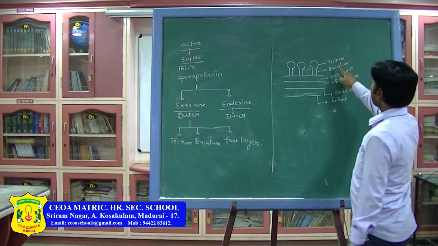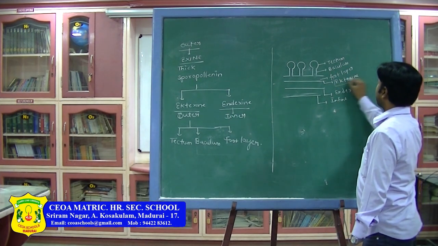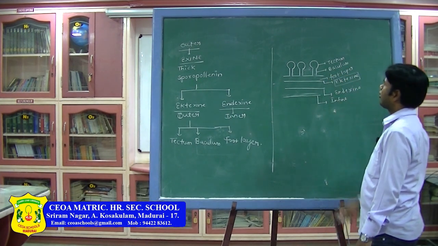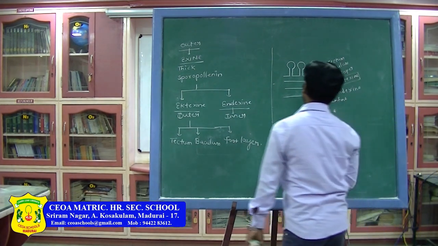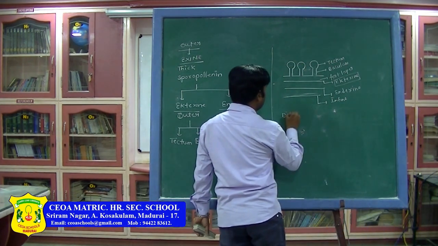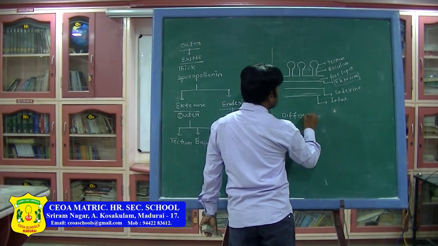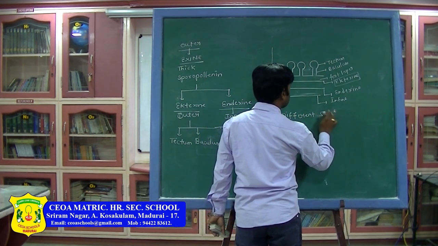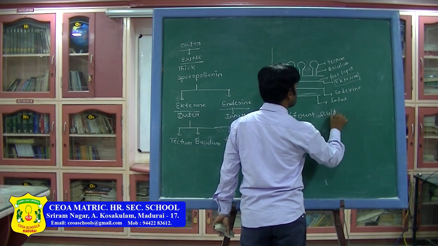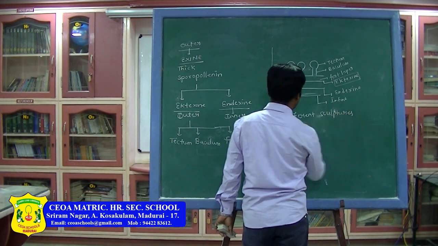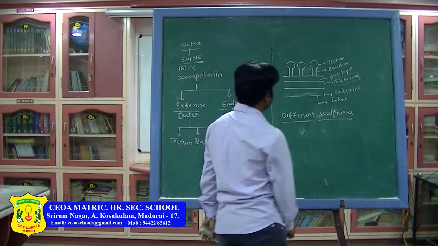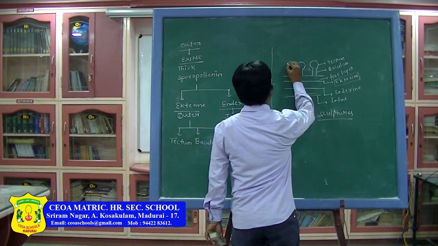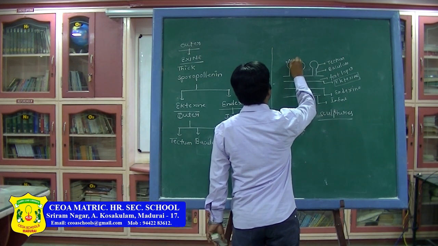On the surface of the ectexine, the tectum, baculum, foot layer, when you see, there are different sculptures present. These sculptures are, if you see, this is one sculpture, a spiny like structure.